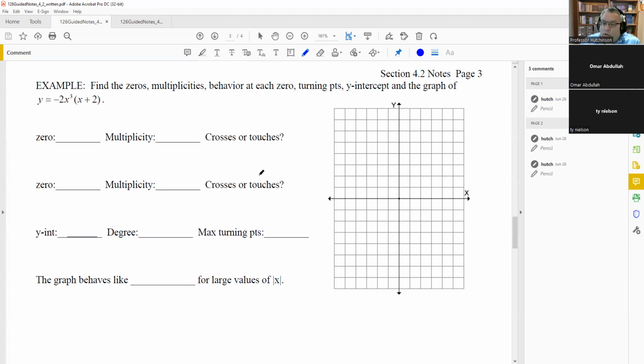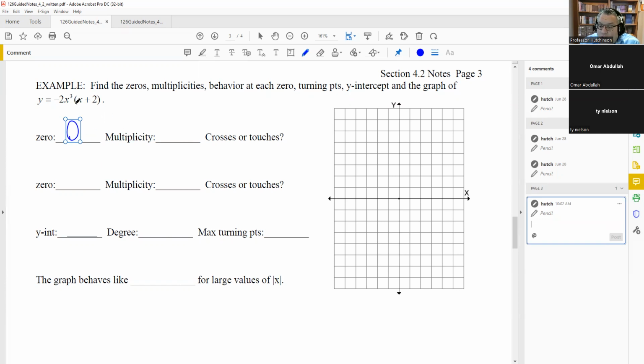For each of these, we want to set each factor individually equal to 0, and that's going to get our answers. If you take 2x cubed and set it equal to 0, you will just get a 0. If I put a 0 in for x, the whole thing turns into a 0.